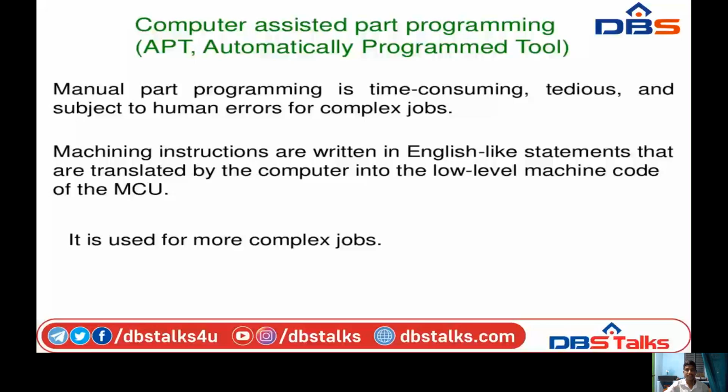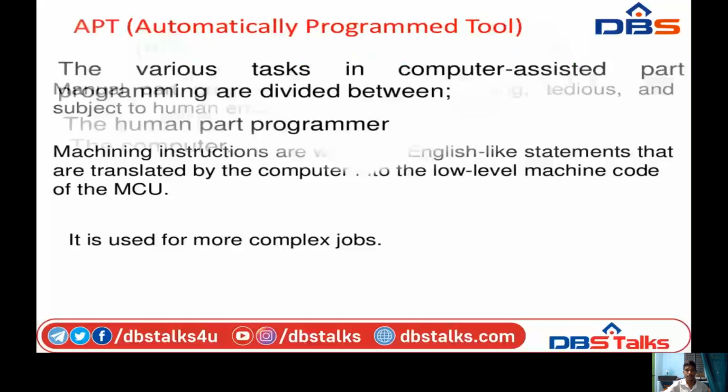Those statements cannot be directly understood by the MCU, the machine control unit. So for that reason, the English statements are translated by the computer into the low level language. Low level language is understandable by the MCU, machine control unit. It is used for more complex jobs.